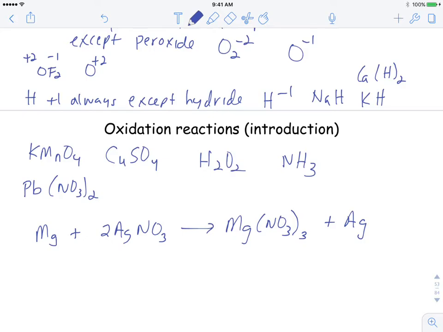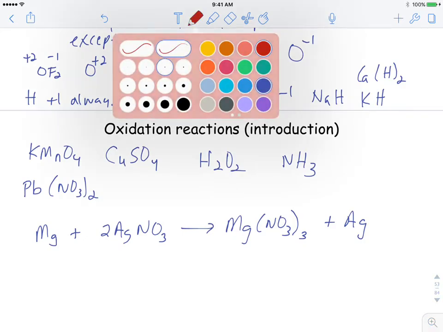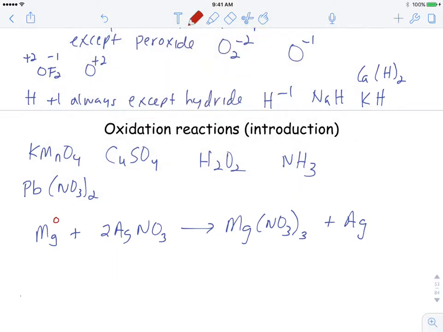The first thing I want to do in an oxidation reduction reaction is assign oxidation numbers. So 0, +1, +5, -2, +2, +5, -2, 0.